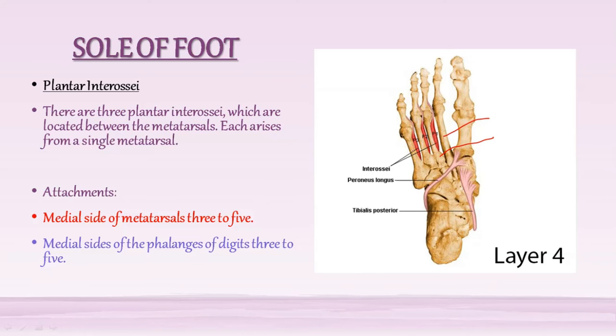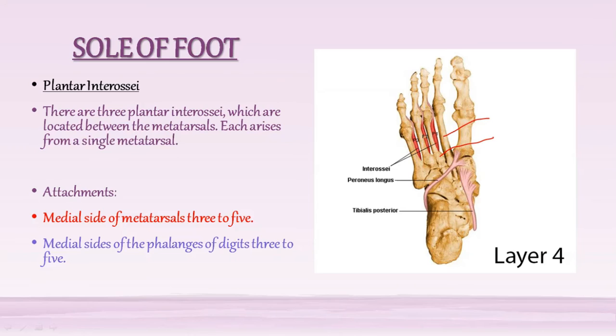For plantar interossei, first you have to remember that there are three plantar interossei present between the metatarsals, but each arises from a single metatarsal, from the medial side of the metatarsal, third to fifth. So the first plantar interosseus arises from the medial side of the third metatarsal.